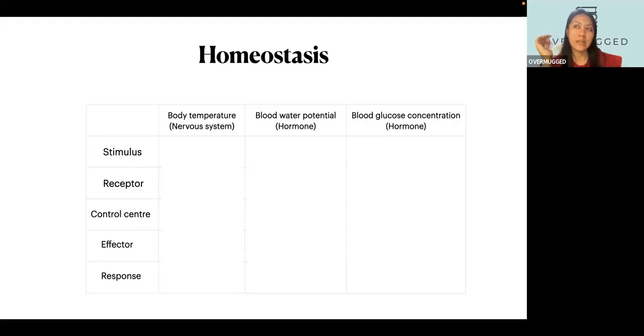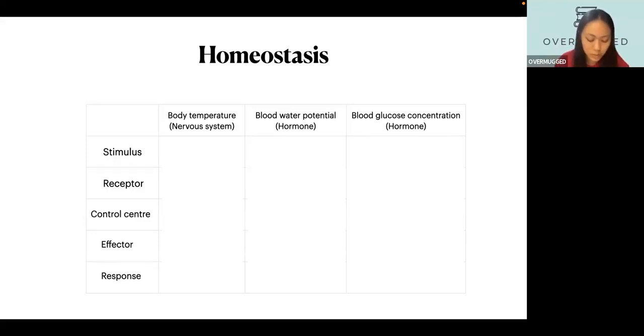This is the homeostasis version of the arrow thing in the nervous system. There's a stimulus, meaning a change in environment, a receptor that detects this change, then it sends signals, be it through nerve impulses or hormones, doesn't matter, to the control center, effector, and then a response.